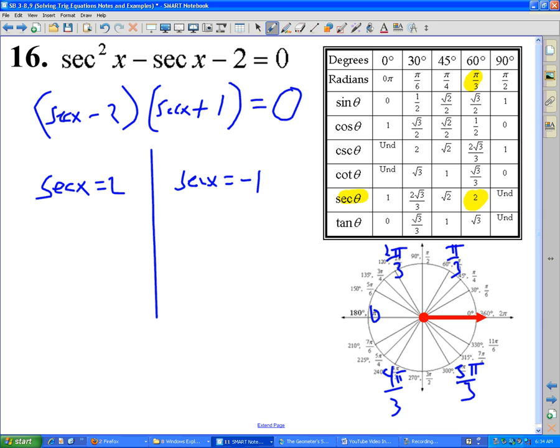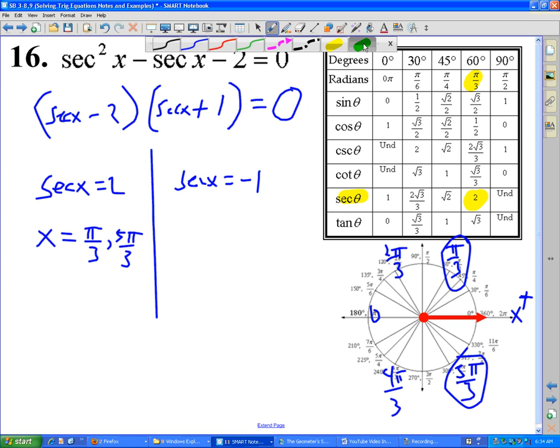So those are your pi over 3 reference angles. Secant is x. So where is x positive? To the right of the y-axis. This is where x's are positive over this way, right? So our answers for that part of the problem, the angles that make secant give us a ratio of 2, are pi over 3 and 5 pi over 3. Now, what about the second part of the problem, where secant is equal to negative 1?